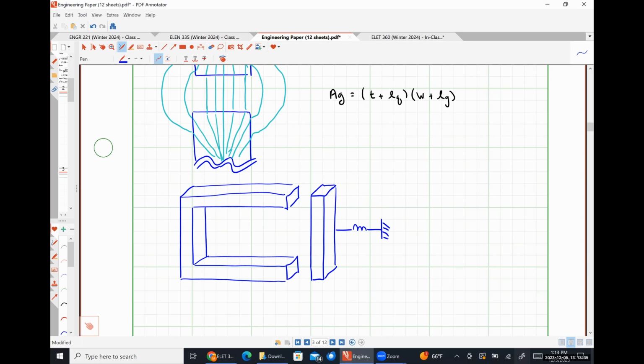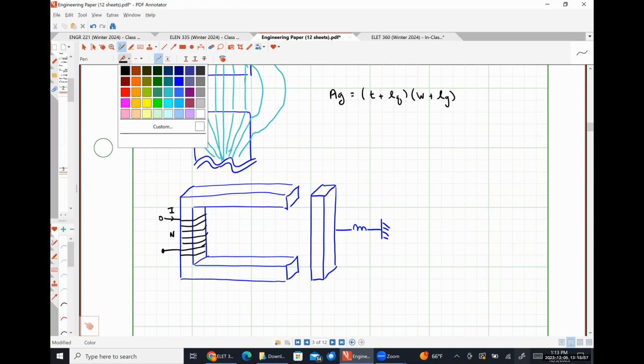Okay. And we cause that actuation by the presence of an electromagnetic coil over here on the left, carrying some current I and having N turns.